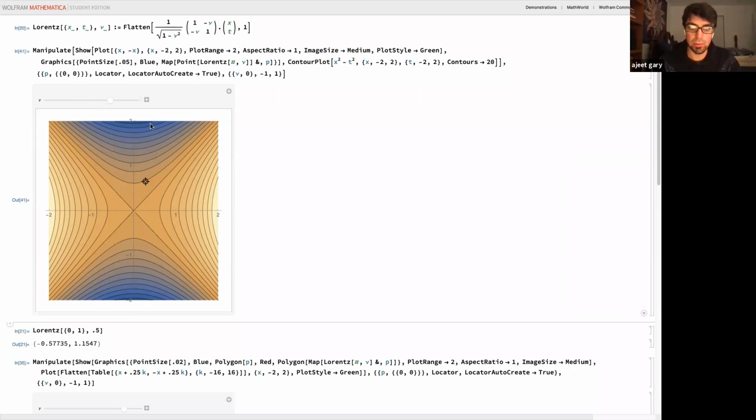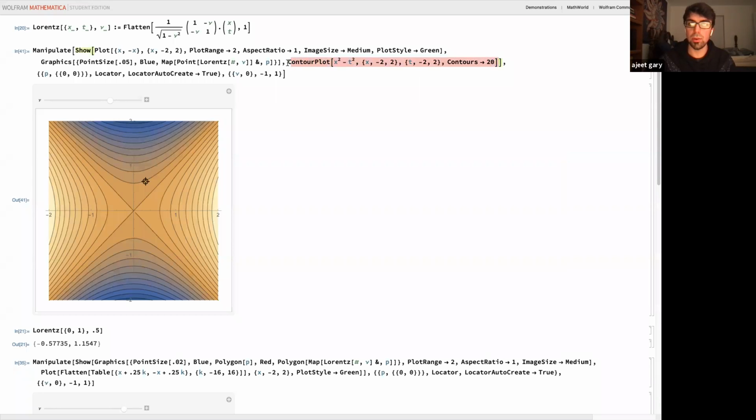Hold on, I did this in another document. Let me just go grab that. Copy and paste. So we have hyperbolas. So what I did was, this is just a graphics object. So I'll just copy this whole thing. Okay.